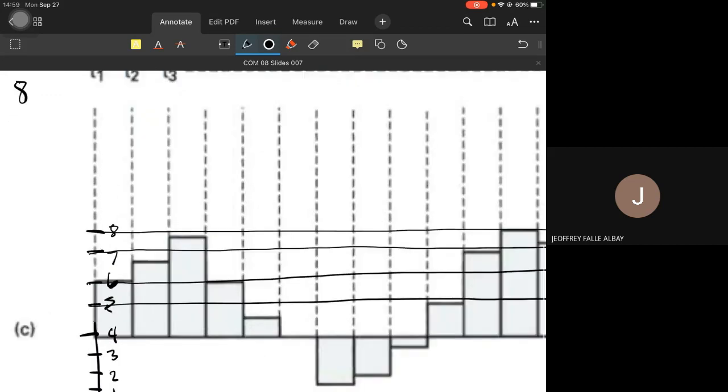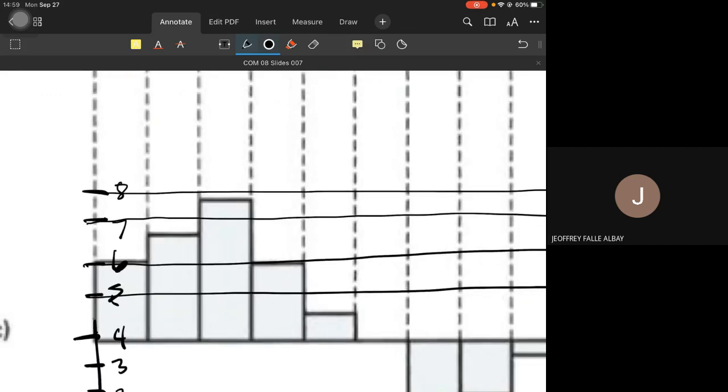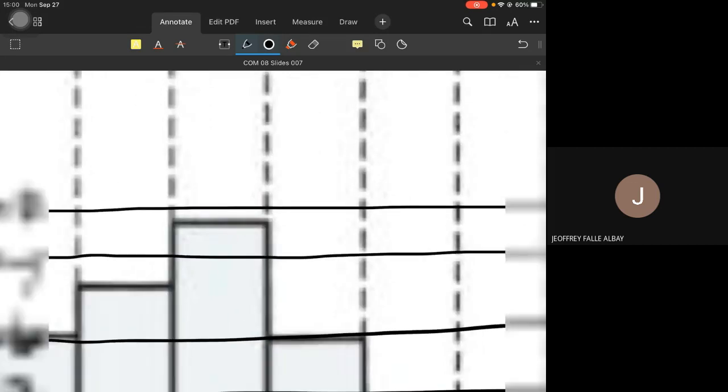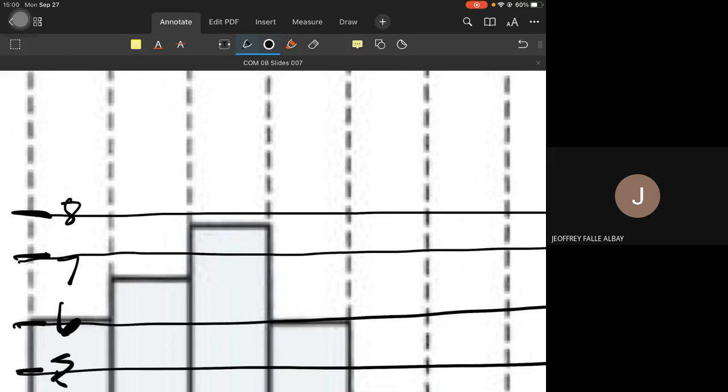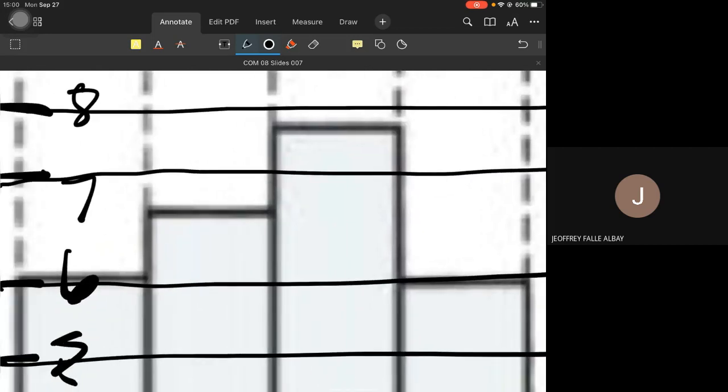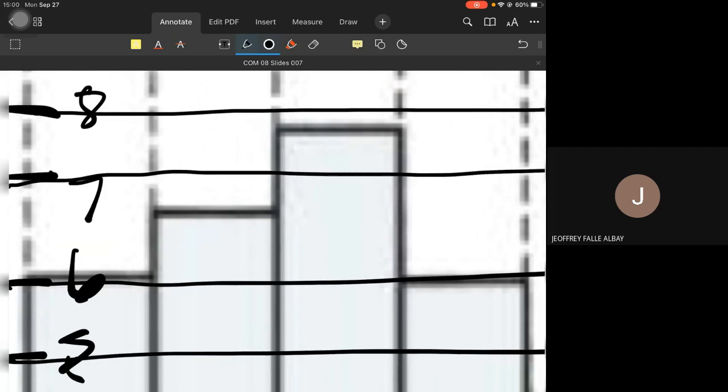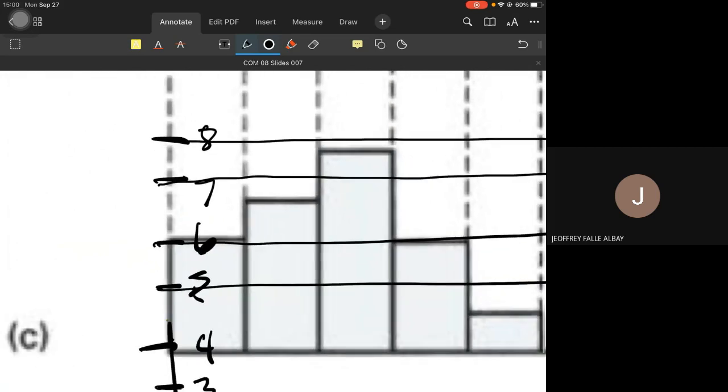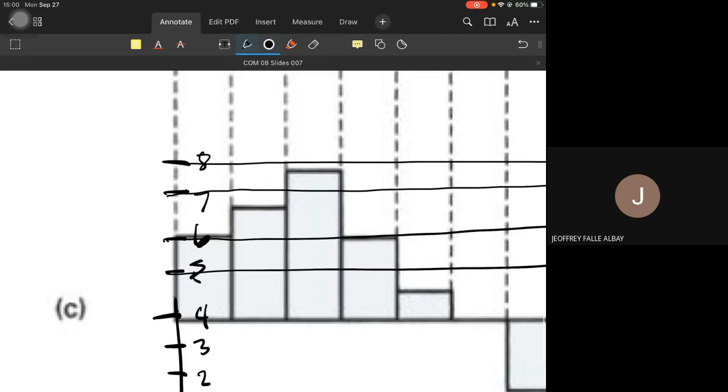Notice that the output signals of the PAM or of sampling do not land exactly on the possible levels. Like this one, it is somewhere in between level 7 and level 8. This one is somewhere in between 6 and 7. So we need to round off such that the output aligns to the voltage levels.